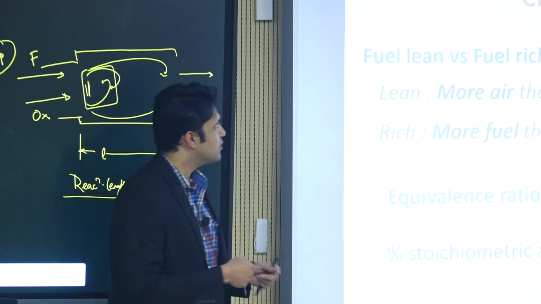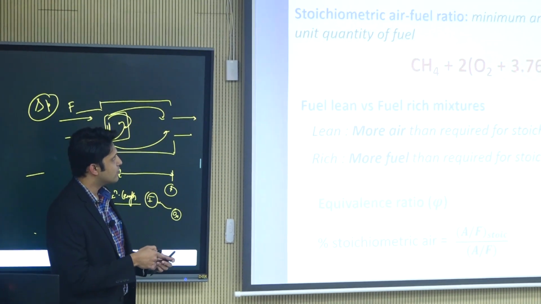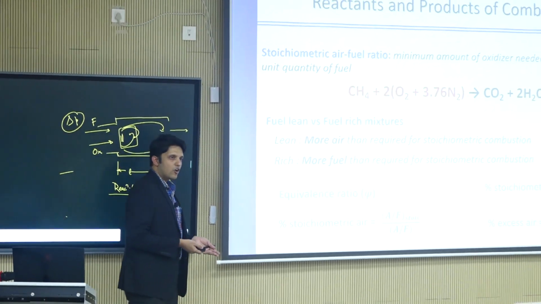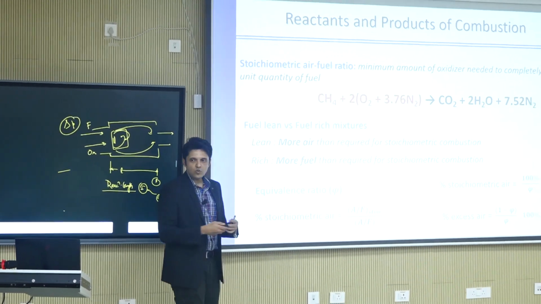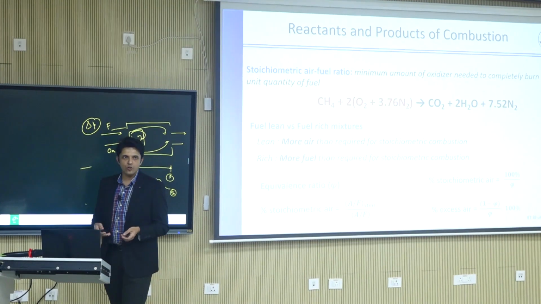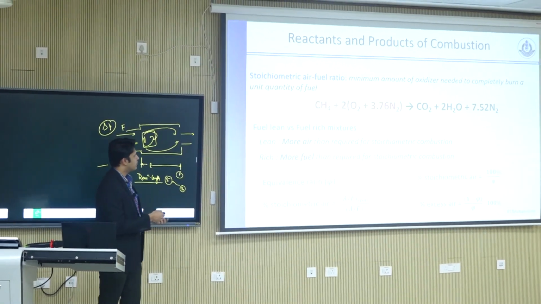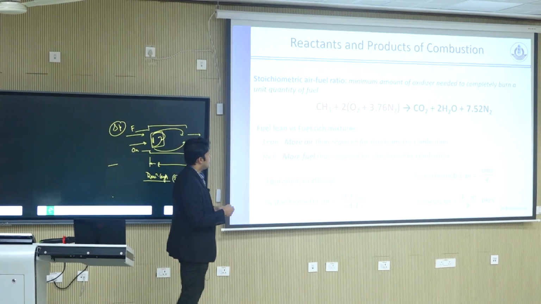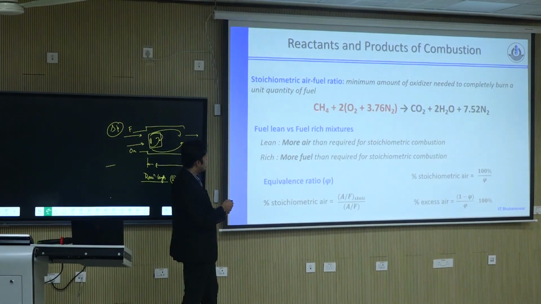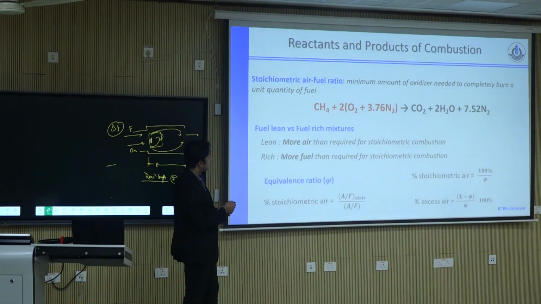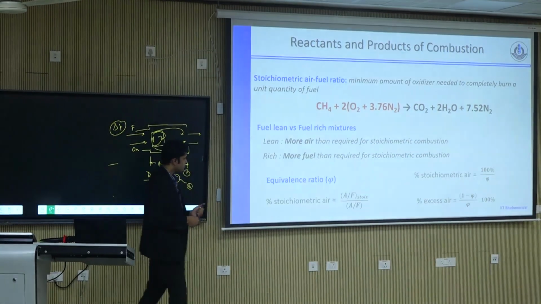In some scenarios you may not have air as the oxidizer; you might have oxygen enriched air, where the proportion of O2 and N2 are different. In some systems you also have oxycombustion, where a very large amount of oxygen is burning the fuel. In that case, your stoichiometric ratio is going to change.